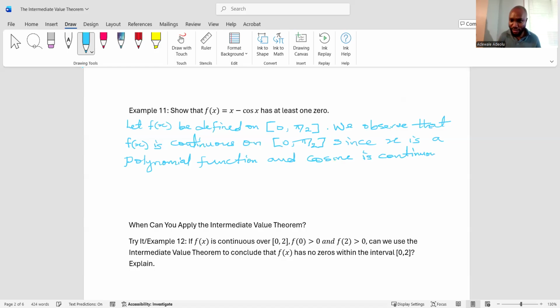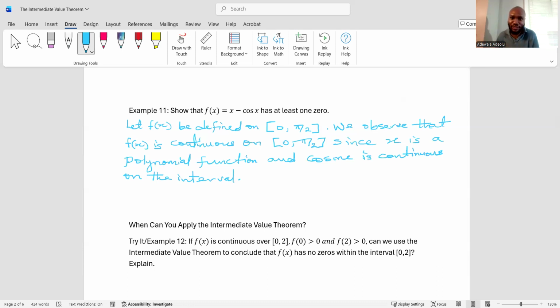We have already proved this before in this class, and cosine is continuous on the interval. So the first step is done. x will always be defined and continuous on that interval. And cosine between 0 and 90.